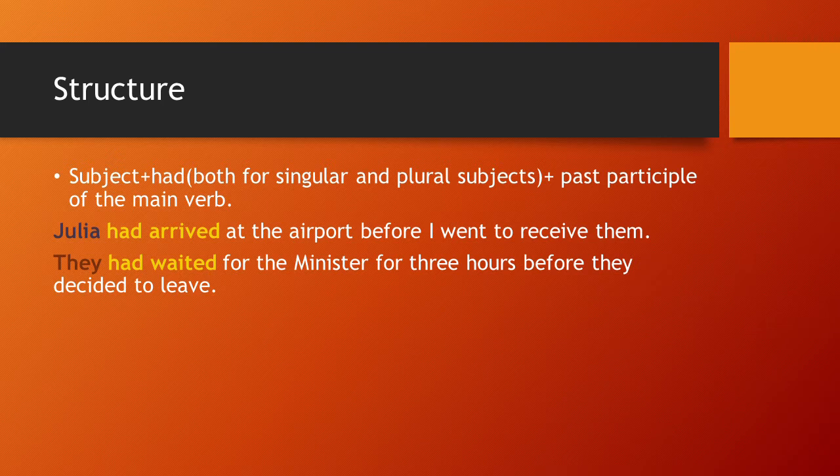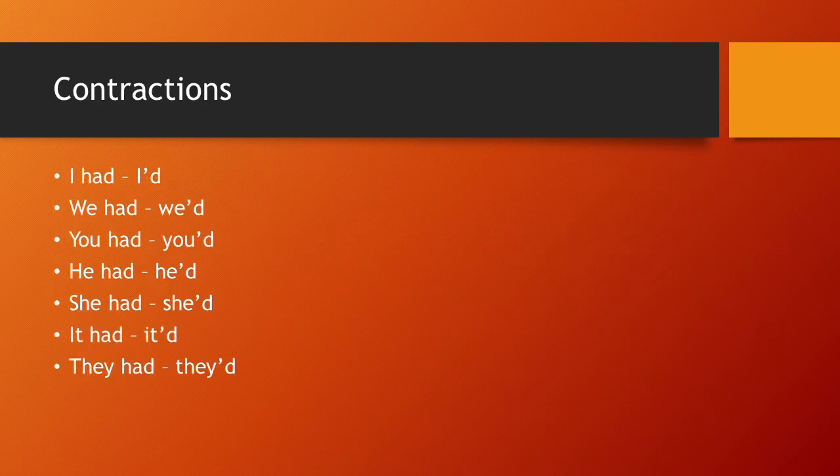So let's look at the contractions. We know that the subject is used in conjunction with had. When we are speaking, we always contract, or we squeeze words together to make it flow easily. We join the sounds, basically. So I had becomes I'd. We had becomes we'd.